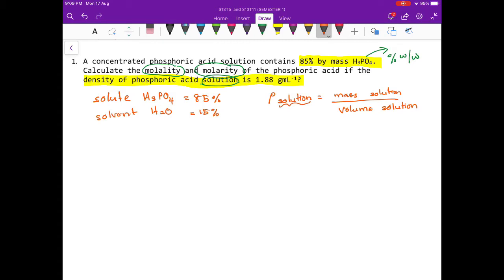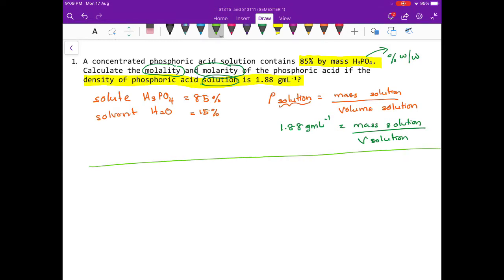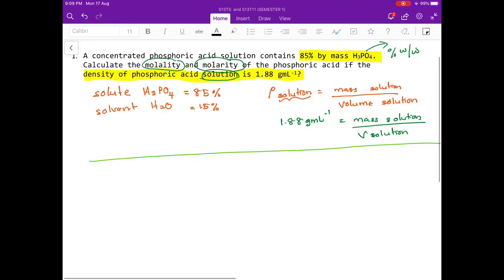Right, now we try to insert the value. 1.88 gram per ml is equal to mass solution over volume solution. Okay, so we already interpret the information given.